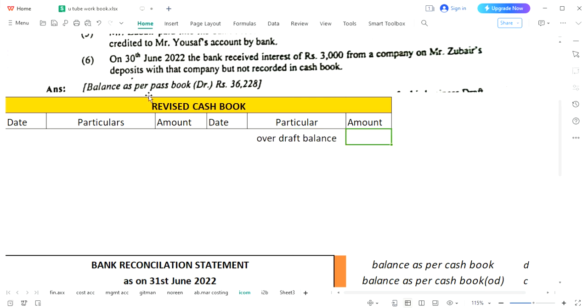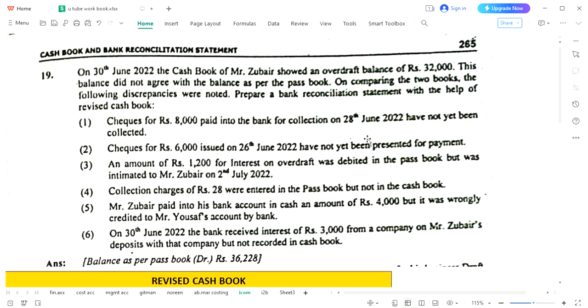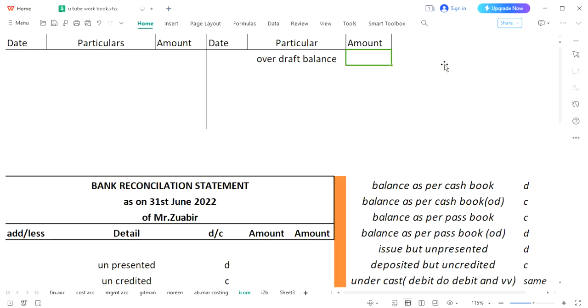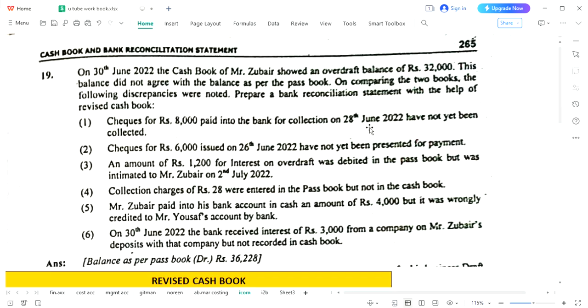As you know that from here we will cut a line. I'm sure that you remember the proforma of cash book from the previous question number 1 to question number 7. This whole side is debit and this whole side is credit. So here you will put the amount of balance, which is 32,000. Let's put 32,000 in amount column. So our first entry has been completed.